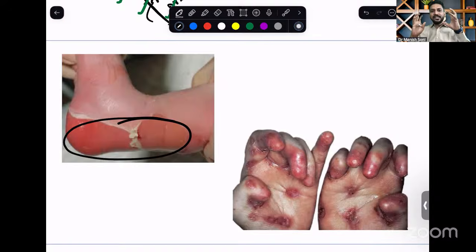Similarly, wherever the child tries to hold something, friction or trauma occurs, and there these blisters start developing. So this is a very severe condition. It occurs in very young individuals or young children, at the site of trauma, friction, and pressure handling.